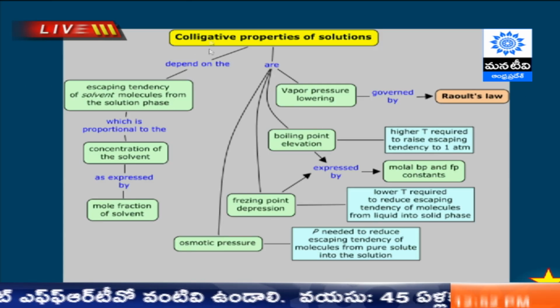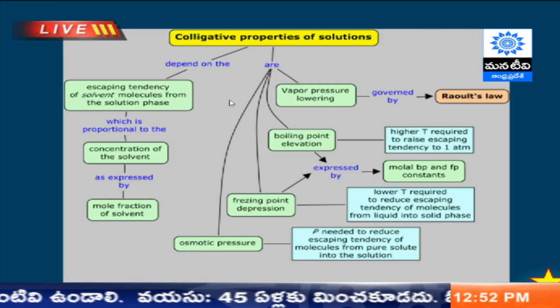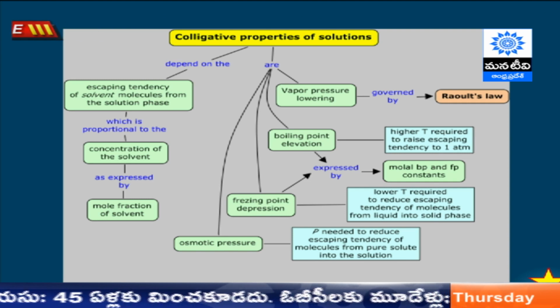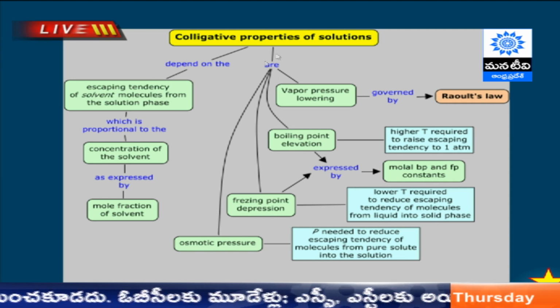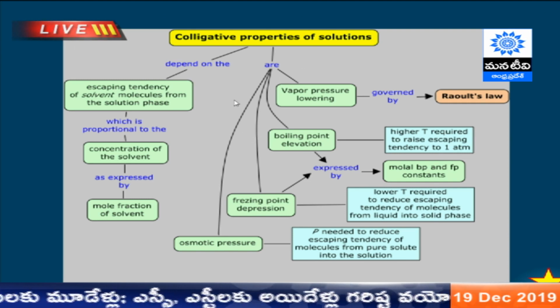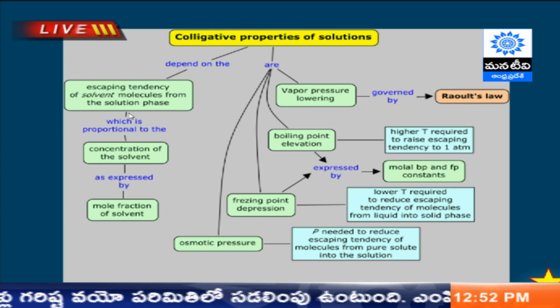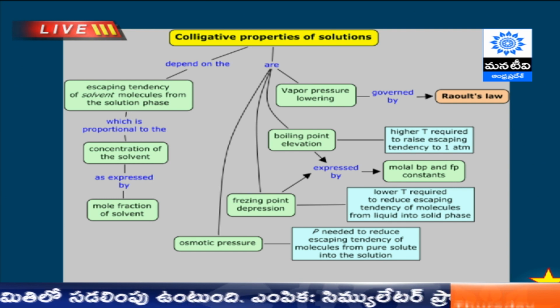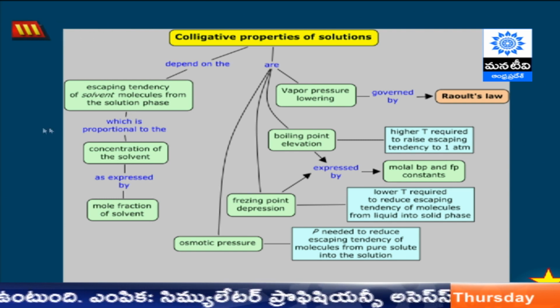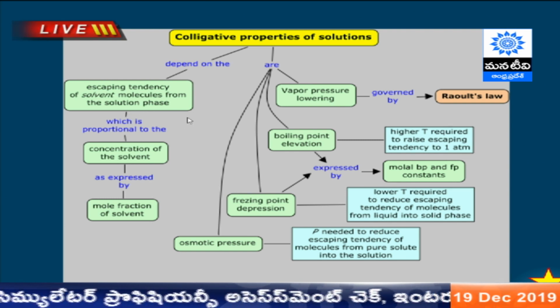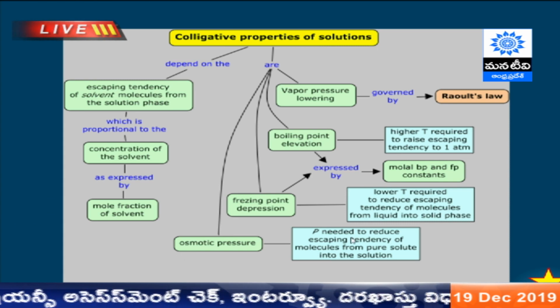Now, let us sum up colligative properties as a whole. You can see that colligative properties actually arise due to the escaping tendency of solvent molecules from the solution phase. It may be vice versa also in the case of osmosis.